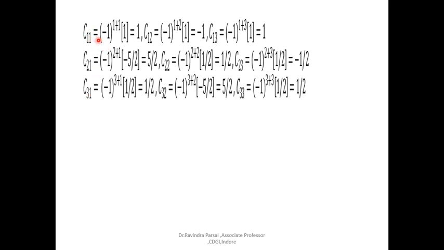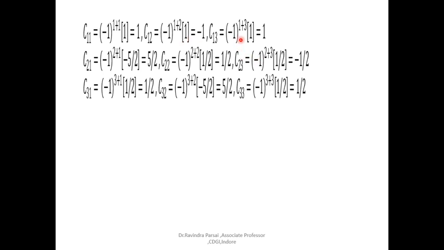First row, first element: you will find the cofactor is minus 1 raised to 1 plus 1. The position is first row, first column, so you take 1 plus 1, and the minor is 1. Therefore you multiply and get 1. Then you take the first row, second column element's cofactor: minus 1 raised to 1 plus 2, and the minor is 1. On solving this, minus 1 to the power 3 is minus 1, so the cofactor of the first row, second column element is minus 1.